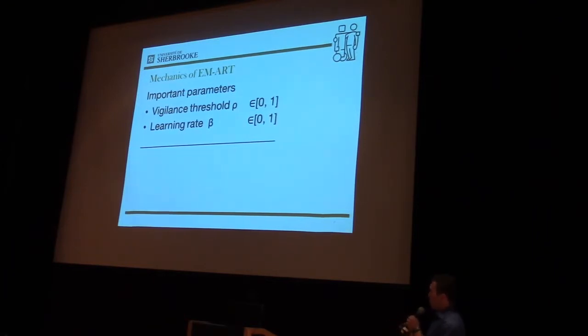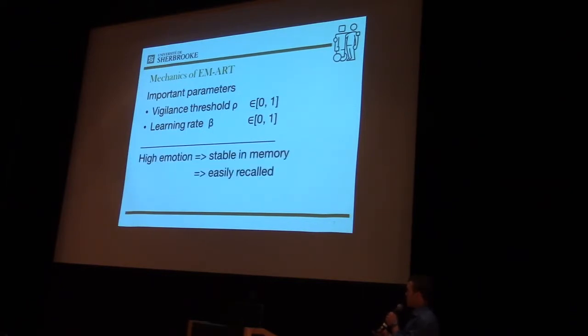Also, the learning rate, beta, is used for the stability of the model. An important episode for the robot will stay stable in its memory longer. Once we did the learning the first time, we lower the rate so future learning won't affect the initial learning. So that's the logic behind the emotions.